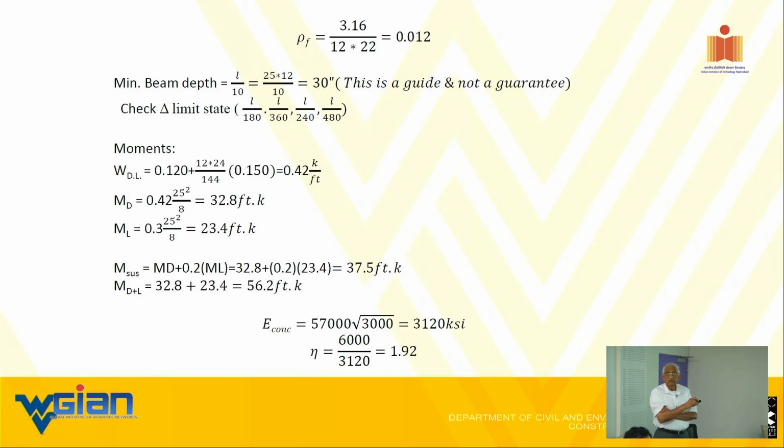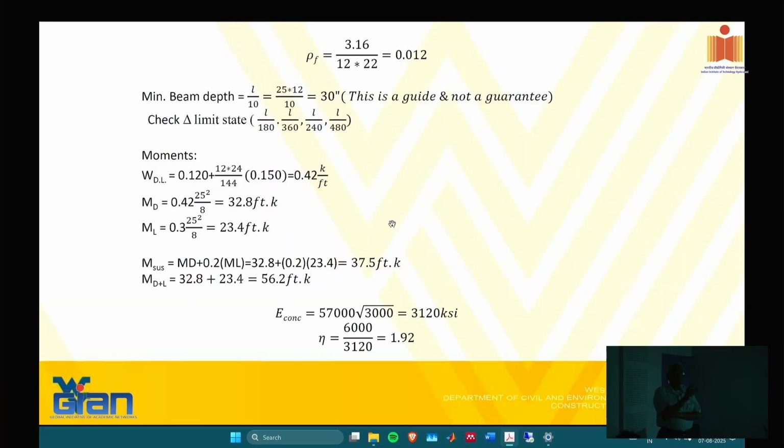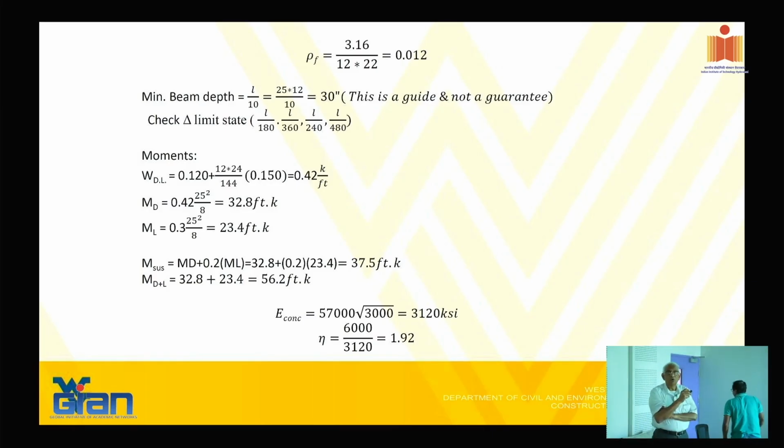So we are saying there is a residual deformation. There is a residual deformation coming from the live loads. In other words, just because the live load is gone, there is no full recovery.